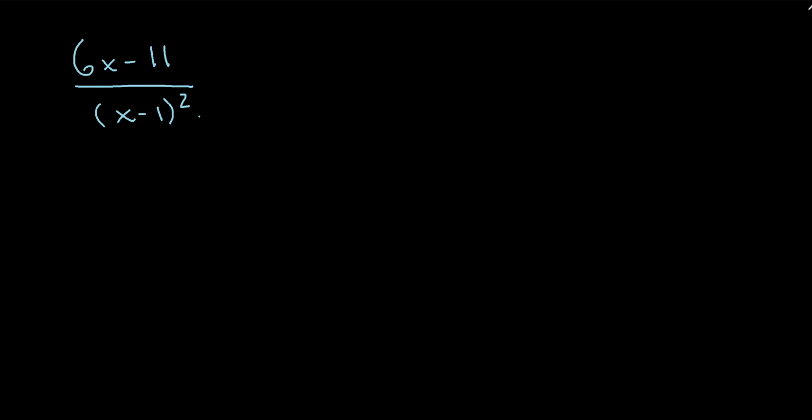So how can we decompose this fraction? Or in other words, how can we figure out what fractions were added together to get this fraction as the final result? Well, the form that we use is some constant a over, first we write the actual linear factor itself, x minus 1. And then we add another constant b over the linear factor raised to the power of 2.